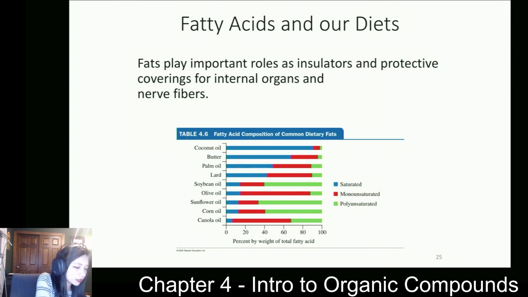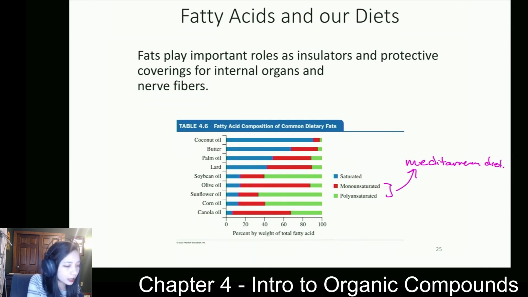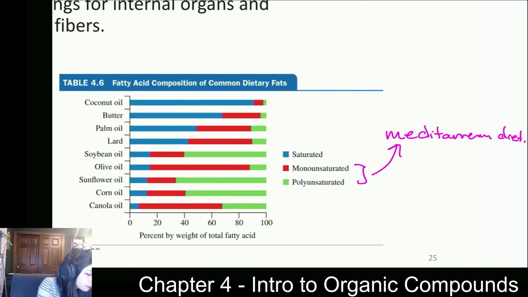I did a bit of researching, and I know the Mediterranean diet is a diet that is high in not saturated fats, but mono and polyunsaturated fats. Remember, saturated fats are the bad fats. That's what your doctor says is the bad fat.